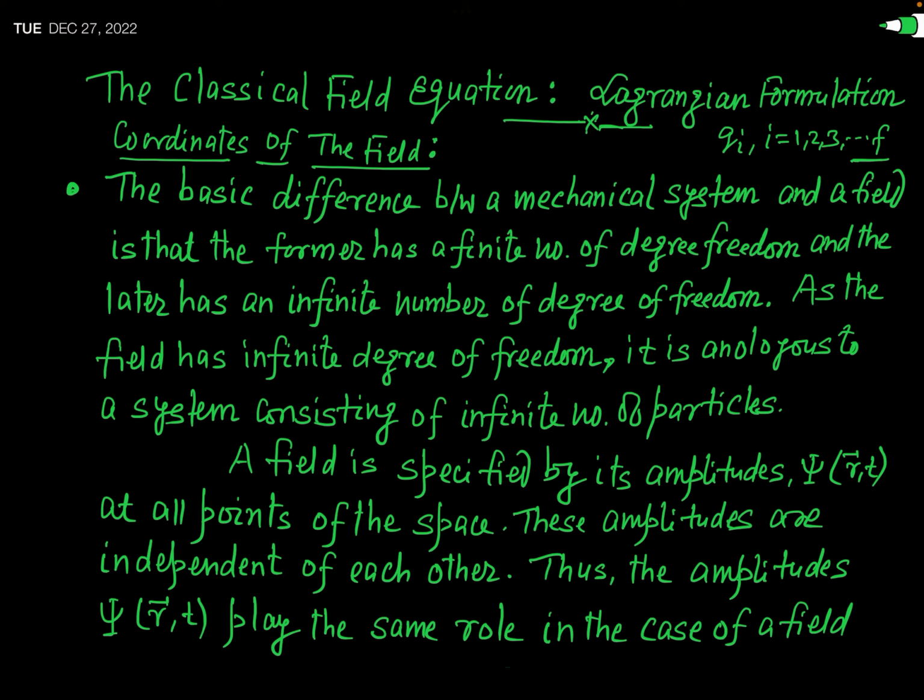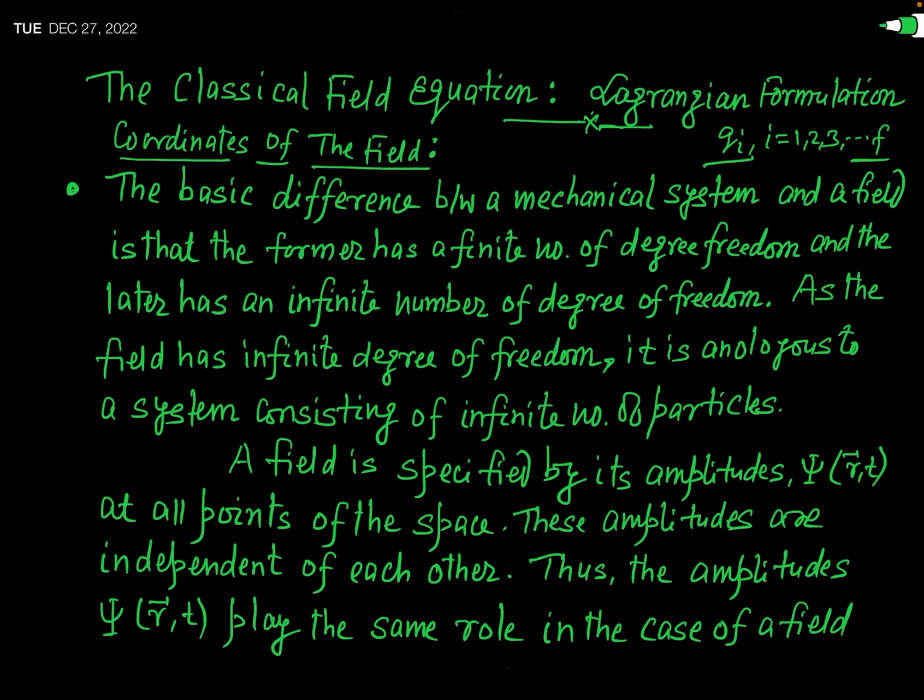Now, as you know, a system of particles is specified by the generalized coordinates denoted by qi, where i runs from 1 to f. In the similar manner, if you are dealing with the problem of a field, then this field is specified by its amplitudes.